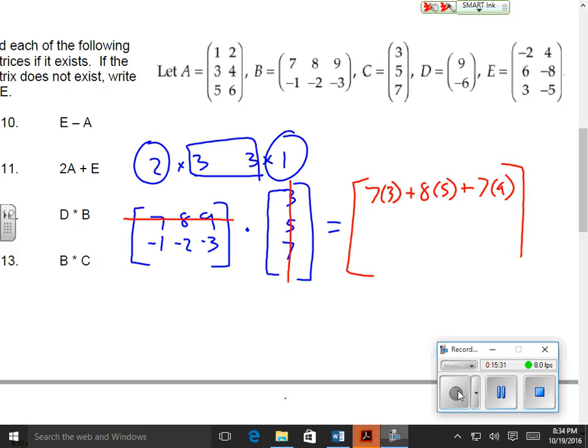That'll be the first cell. The second cell will be the second row times the only column I have, negative 1 times 3 plus negative 2 times 5 plus negative 3 times 7.